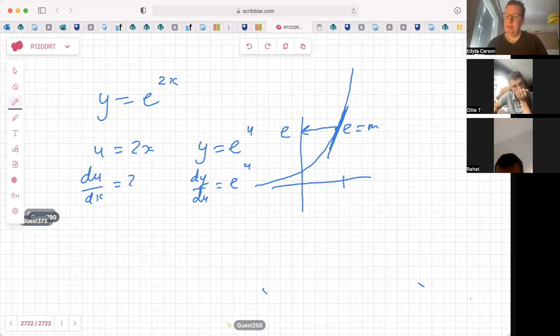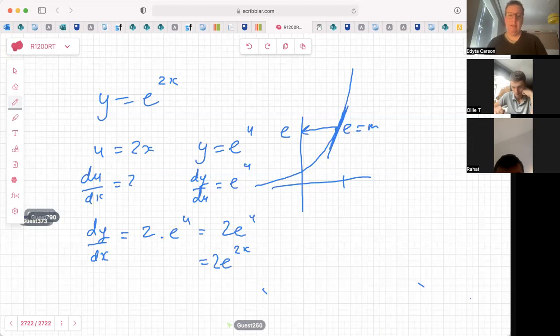So we have 2 times e to the u. So dy by dx is going to be those two multiplied together: du by dx multiplied by dy by du. So that's just 2e to the u. And again, what's inside is not affected. So it's 2e to the 2x.